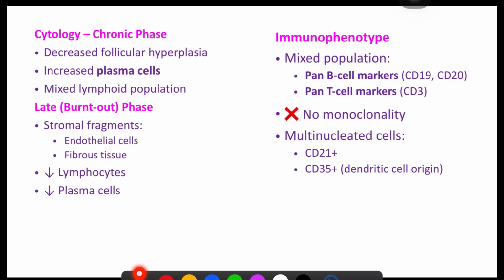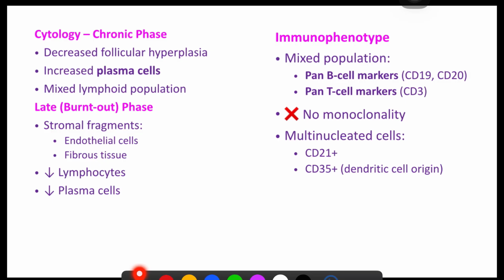If a chronic phase aspirate is there, there is decreased follicular hyperplasia and increased plasma cells, along with a mixed lymphoid population. In the late or burnout phase, stromal fragments are present, showing endothelial cells and fibrous tissue, and decreased lymphocytes and plasma cells.